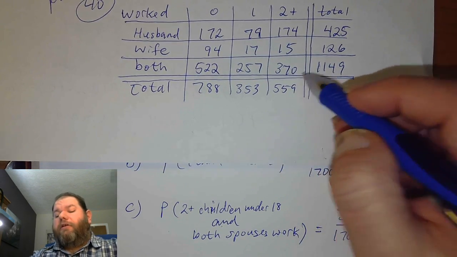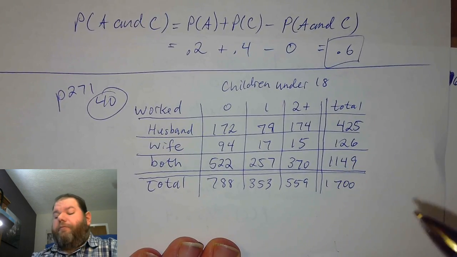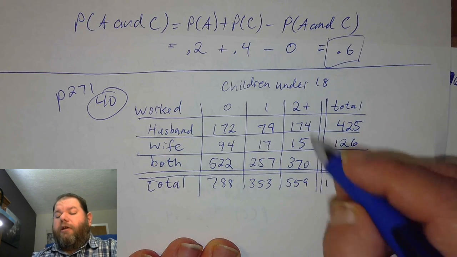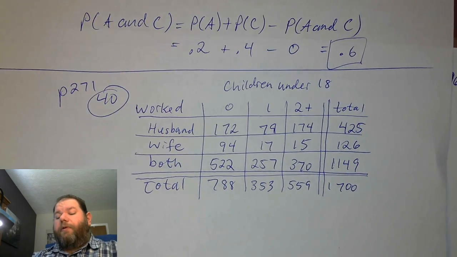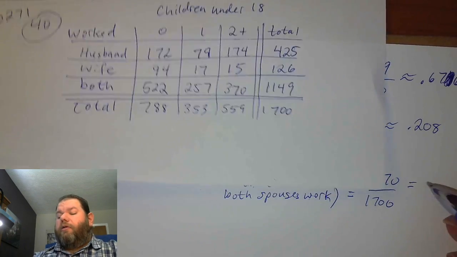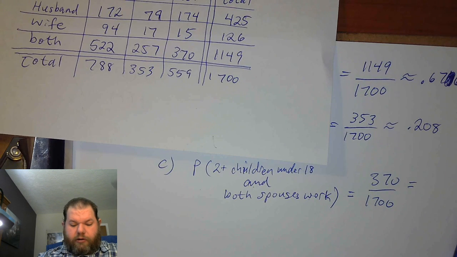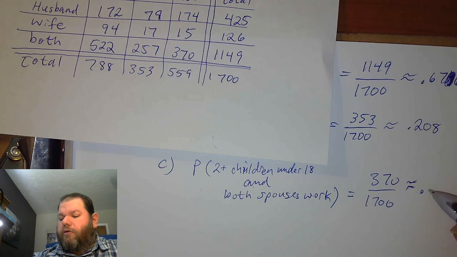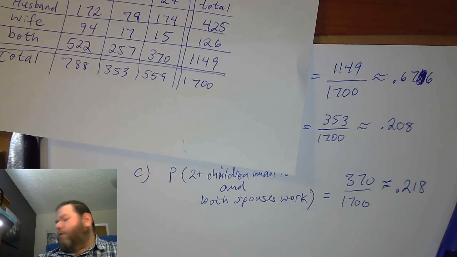So these 370 couples, looking at 2 plus children and both spouses working, this is where they overlap right here at 370. Okay. And again, we calculate that value. It comes out to be 0.218. Okay.